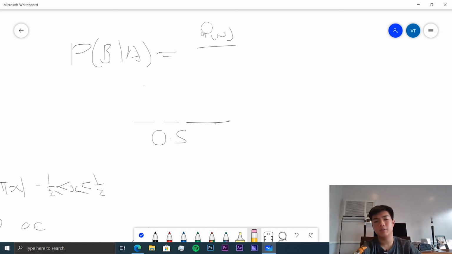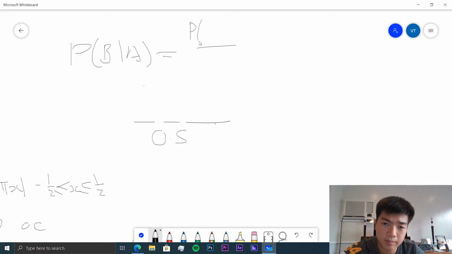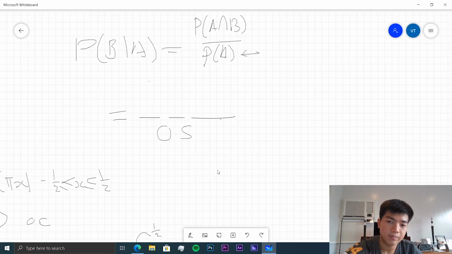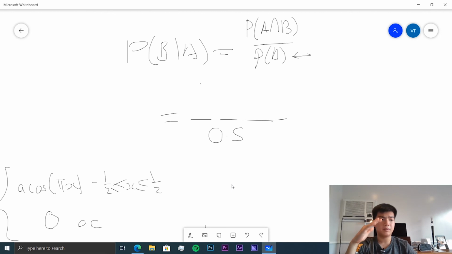Okay, so this is equal to the probability of A intersection B over the probability of A. A is, of course, the chance that it's greater than 0, or 0.5. And A intersection B is the chance that it will be between 0 and 1/4.